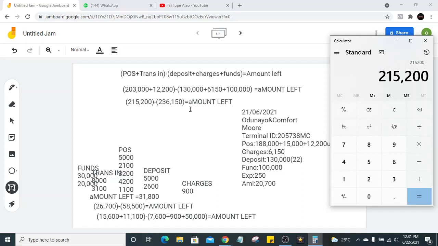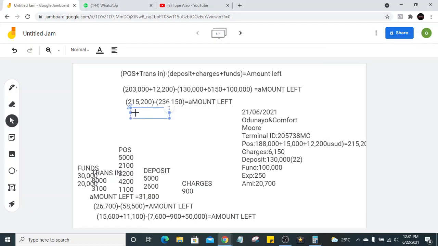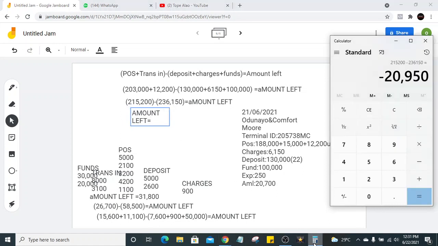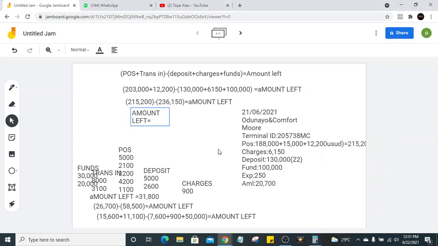You can see that minus 236,150, so you get minus 20,950. That means amount left equals minus 20,950.